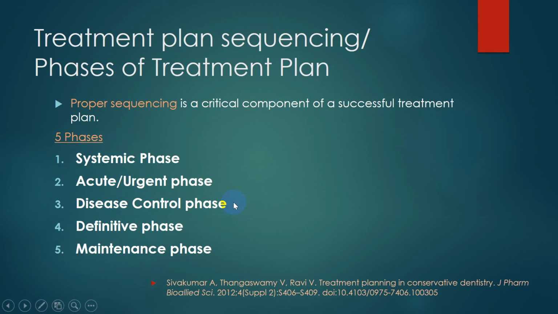Surgical because remaining roots are an active area of inflammation. So extraction comes here in the disease control phase. But in the definitive phase also, to maintain the occlusion, maybe you need to extract an over-erupting molar. So surgery comes in both phases. Okay, perio in both phases, cons in both phases.